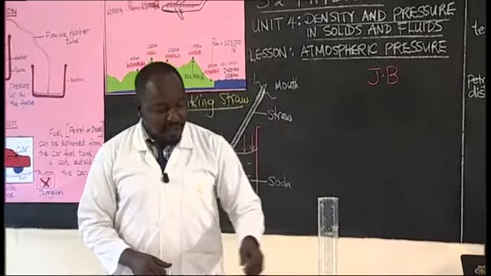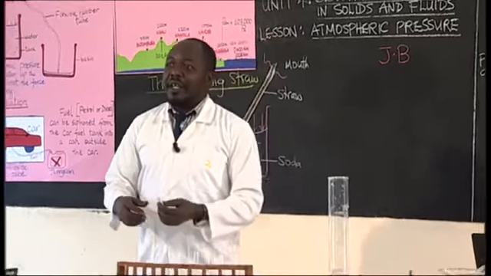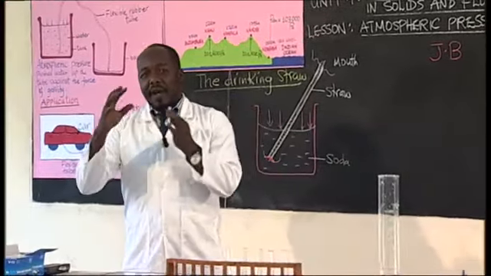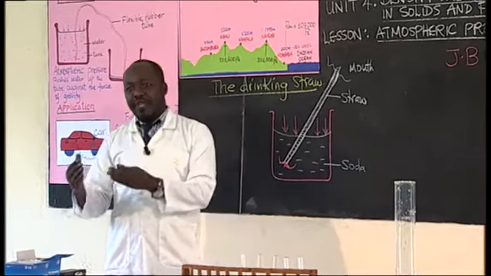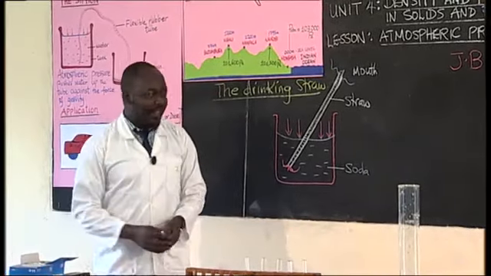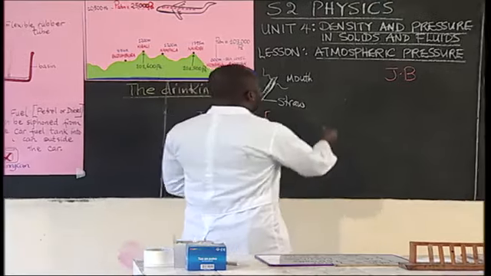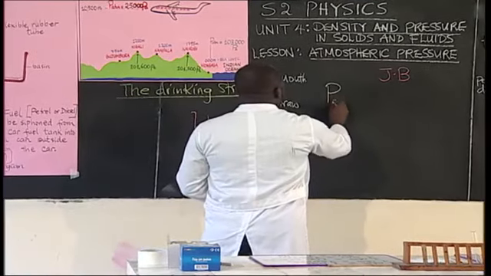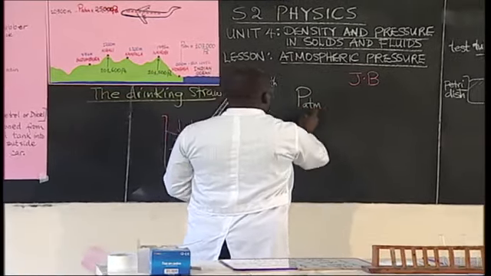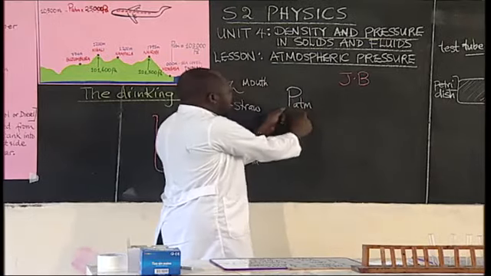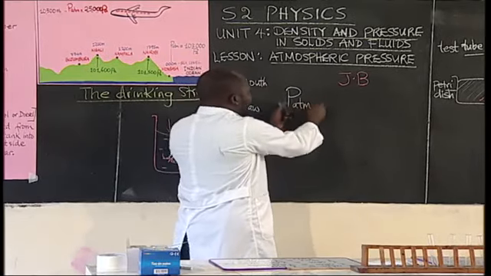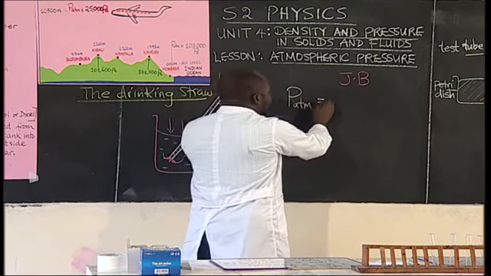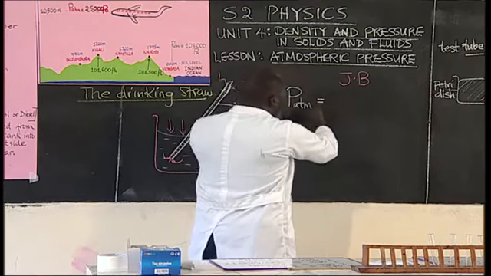Remember, we said atmospheric pressure is a pressure exerted by the weight of the gases in the atmosphere. So what does it mean? It means that atmospheric pressure, many times we abbreviate it like this, P, then ATM. This is just a short form for atmospheric pressure. Instead of writing the whole word, I can write this.